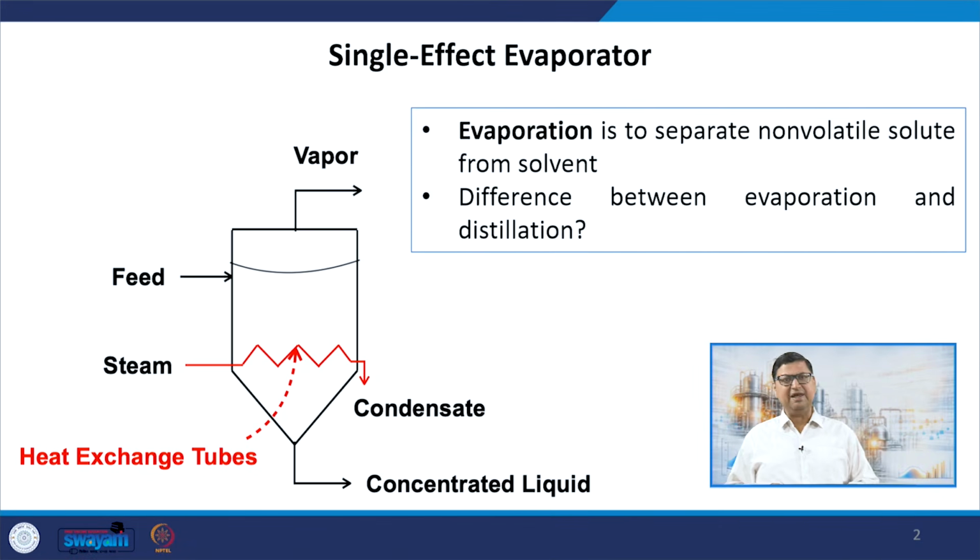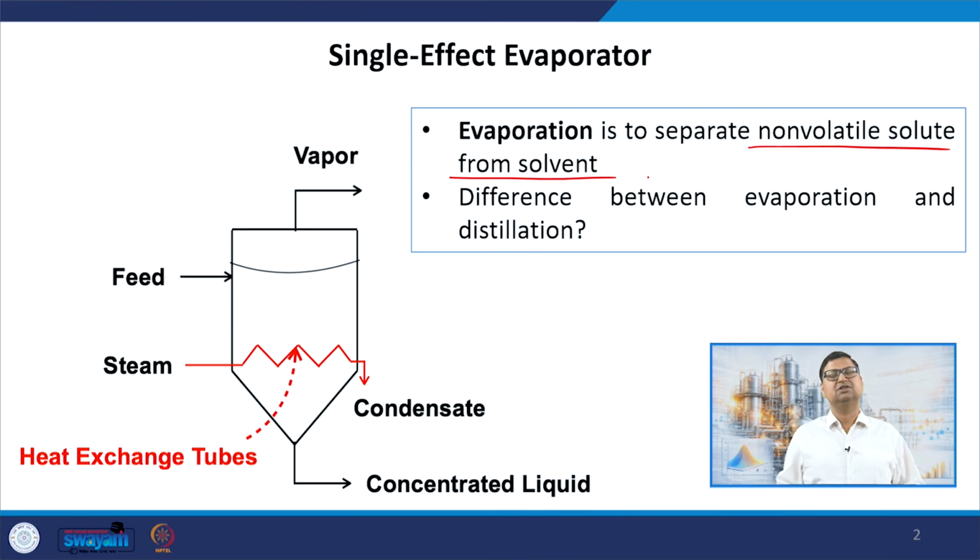So, to begin with, what exactly is an evaporator? An evaporator is a kind of separator where we want to separate a non-volatile solute from a solvent, and it is a complete separation. That means the solute is assumed not to go into the vapor phase.